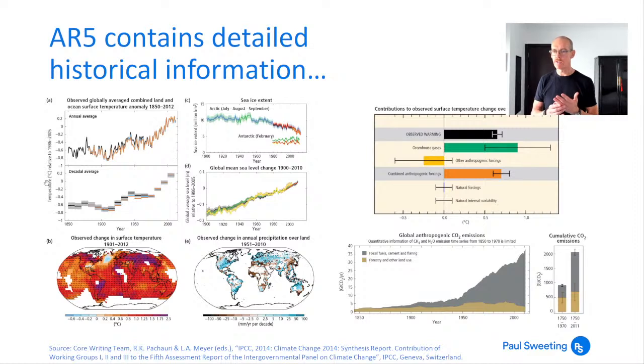What's also quite interesting is, even for the historical numbers, it does include some confidence intervals, looking at what the range of views, what the range of potential impacts might be for different things. So for observed warming, pretty confident that it's anthropogenic. Greenhouse gas contribution, pretty confident in what that is.